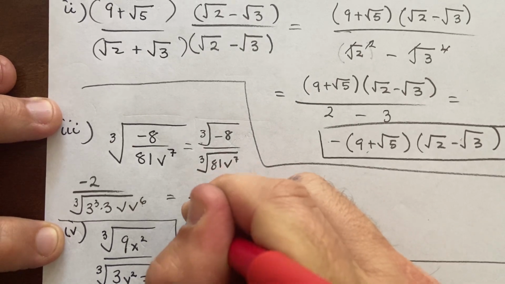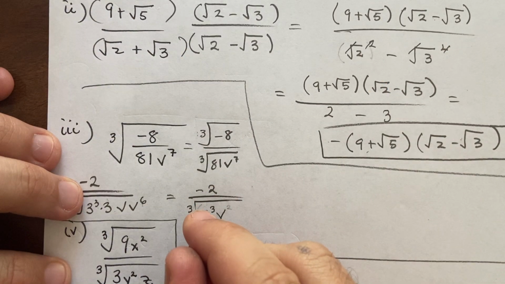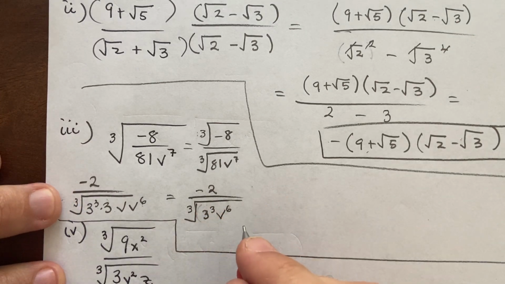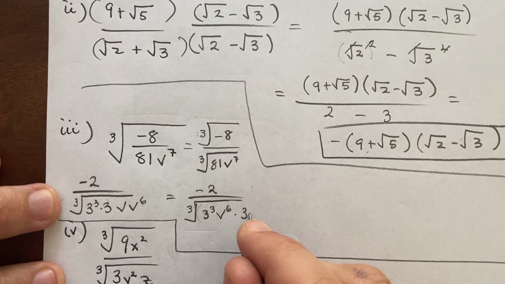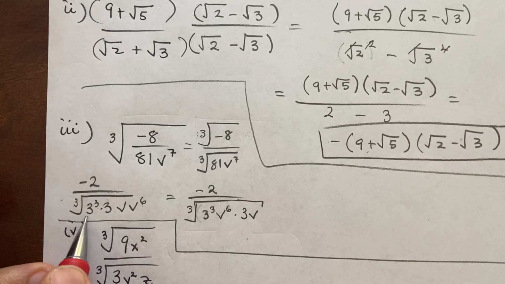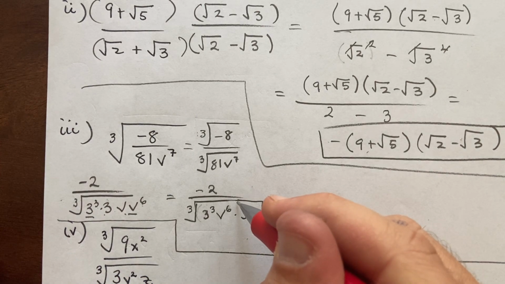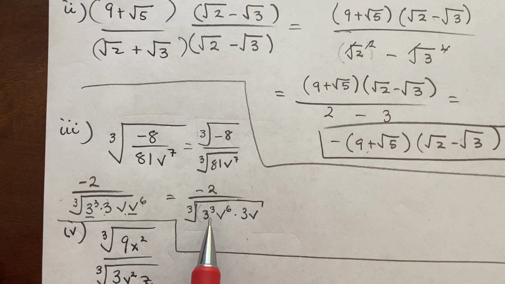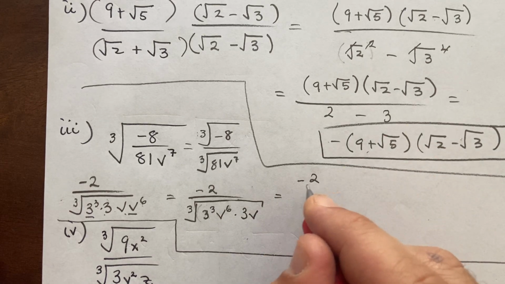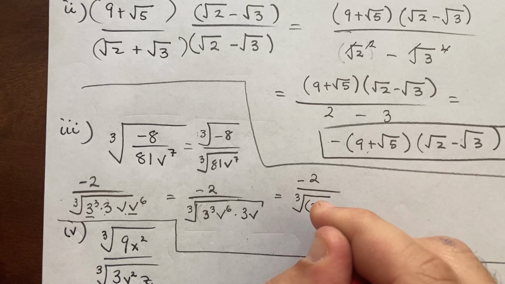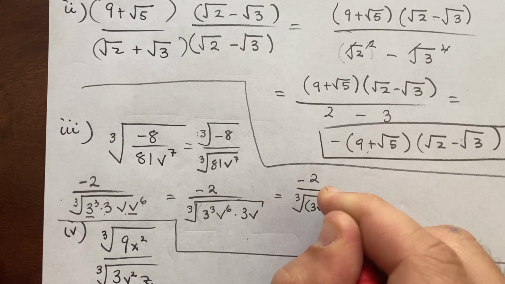So I have 3 cubed v to the 6th, and then I'll have times 3v. Basically this one and this one have come out front and 3v are left behind. The product rule can happen, and I can also bring the power of 3 outside of both of these. So I'll say negative 2, the cube root of 3v squared cubed.